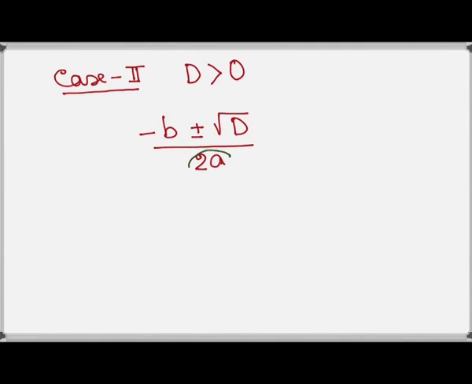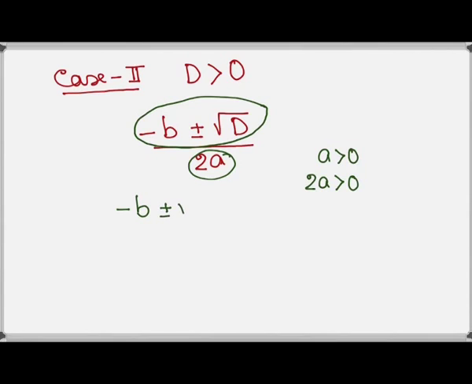Now as a is positive, the quantity 2a is strictly bigger than 0. So for us it is enough to study the sign of the quantity minus b plus minus square root of D to study the sign of the solutions alpha and beta.